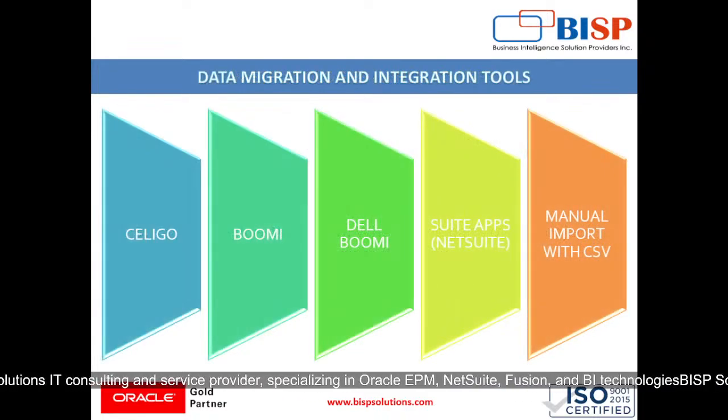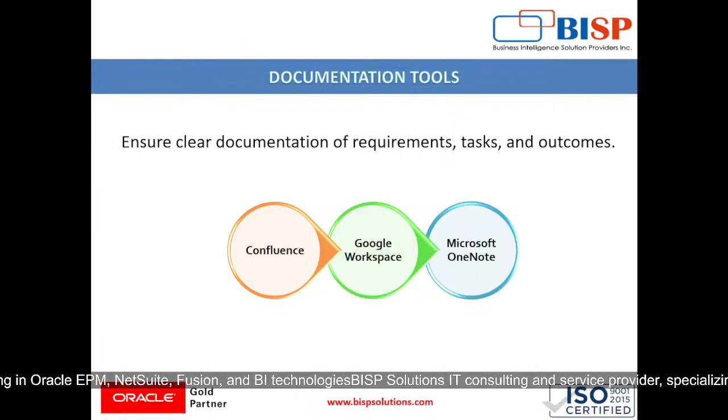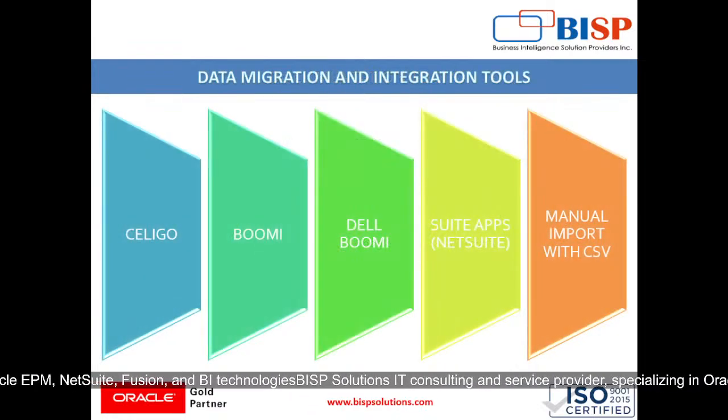Then comes our data migration and integration tools. Celigo is for automating data migration and integrates QuickBooks with NetSuite. Then comes Boomi, a cloud-based integration tool for seamless data transfer and syncing. Then Dell Boomi is for supporting complex integrations and workflows.